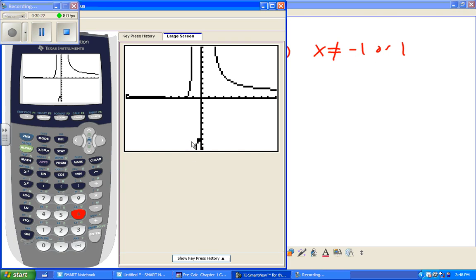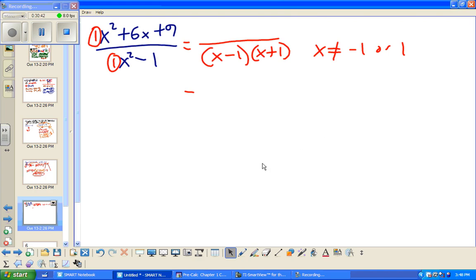Notice also on the bottom here there's a little graph, which would mean I would expect this to continue down forever and this to continue down forever, but not cross over the x equals -1 and x equals 1 lines that I've previously mentioned. So you can look at that graph a little closer on your graphing calculator.